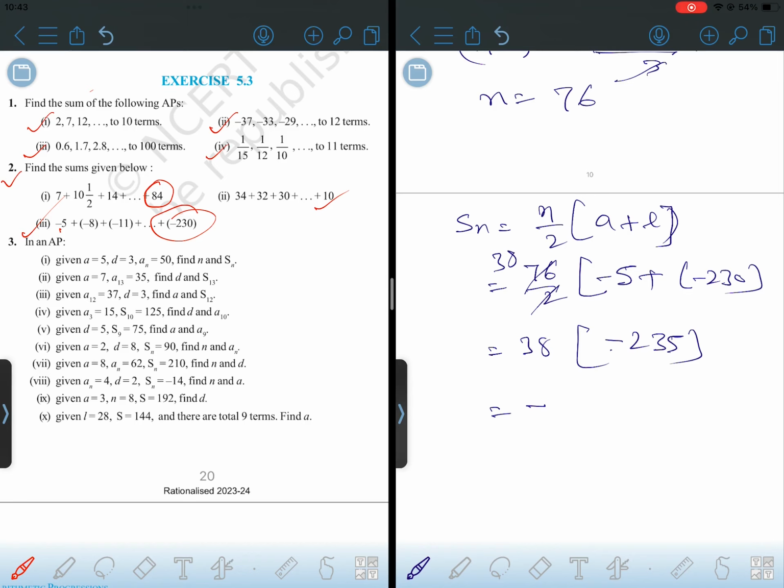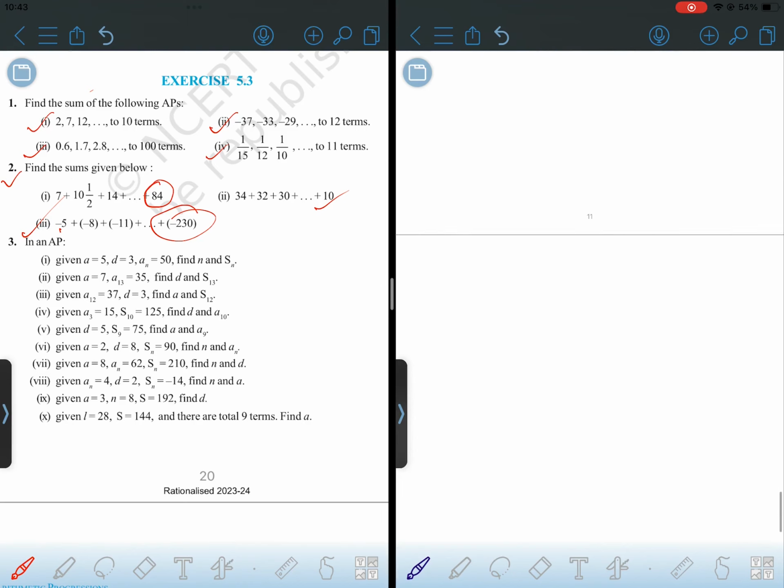So you have to solve the value and find it. So now you can do it yourself. Okay, so we have covered question number 2, all the parts. Let's start question number 3.